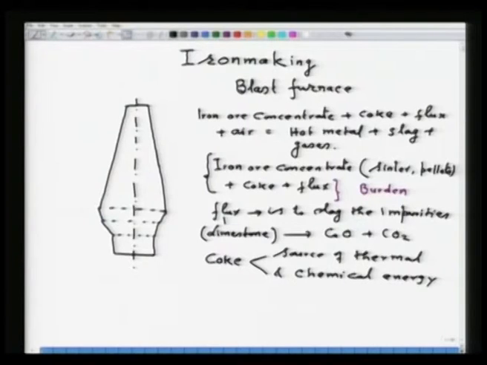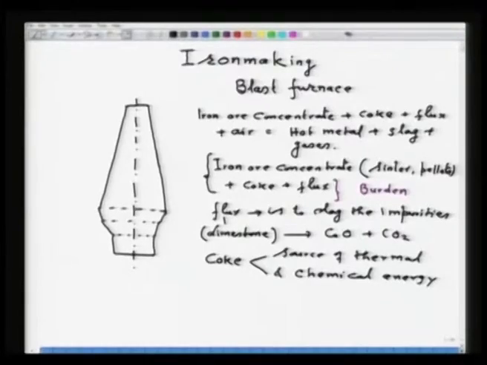The carbon of the coke acts as a reductant for reduction of Fe2O3 to iron. The combustion of carbon of coke also provides thermal energy. So, in fact, coke is a source of thermal and chemical energy.